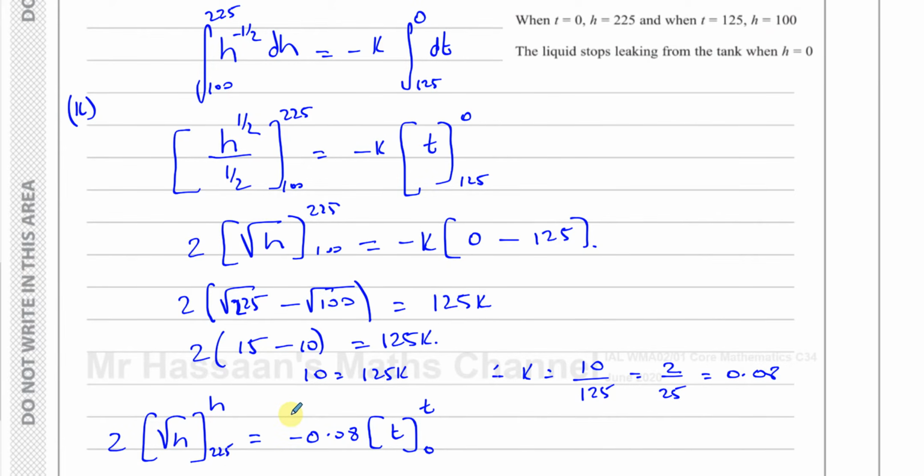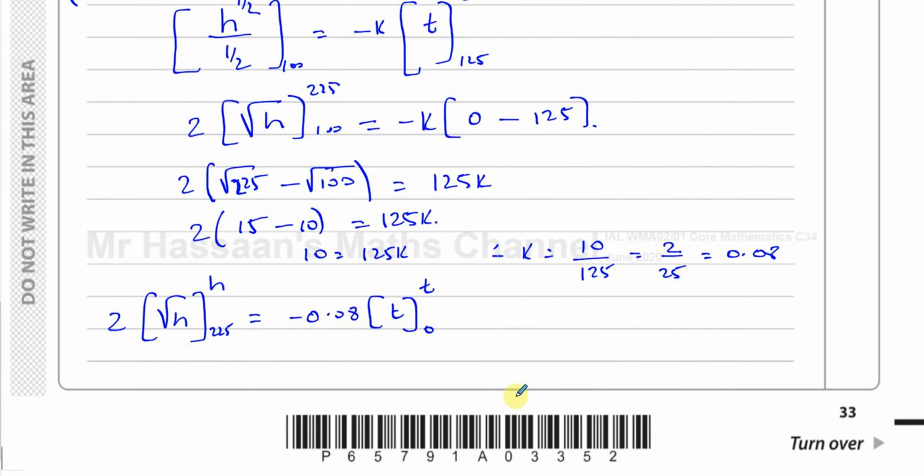And that should give me the equation that I need. So let's see what happens here. I have 2 times the square root of h minus the square root of 225 equals minus 0.08 times t.